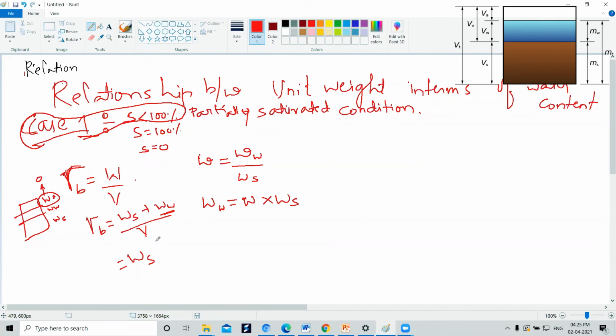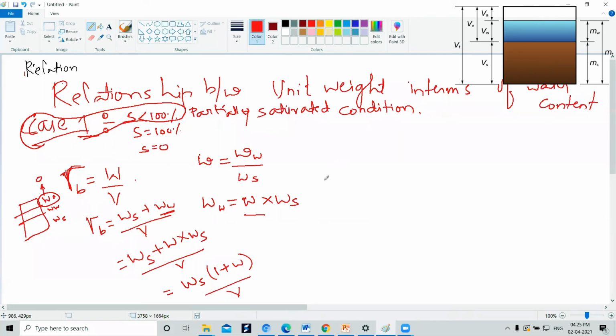WS, come on, quickly, plus W into WS, divided by V. Simplify this a little. Take WS common, WS into 1 plus W, divided by V. Clear? Okay. Now keep it like this itself.